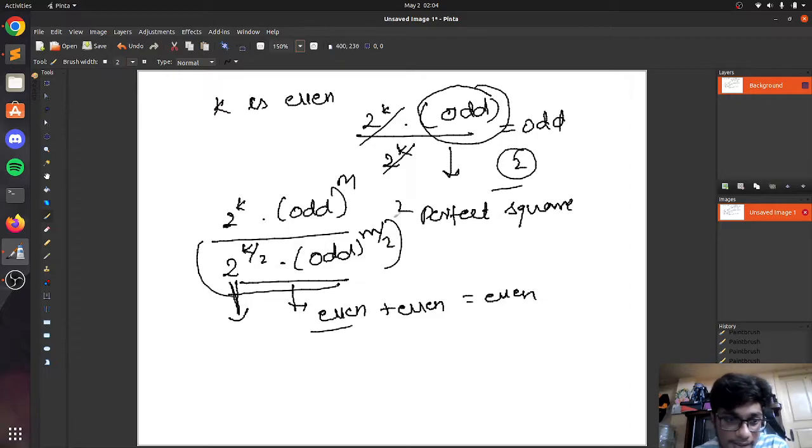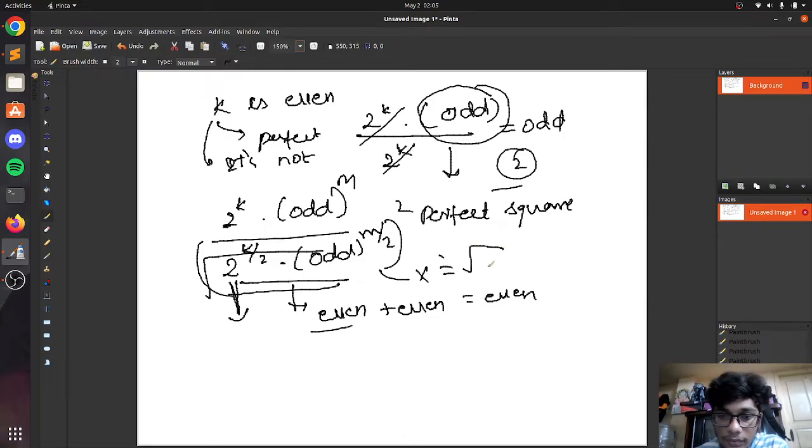So if k is even, then we have two cases: that whole number is a perfect square or it's not. If it is a perfect square, then straight away if you take that root, that root is equal to x and y equal to 2.